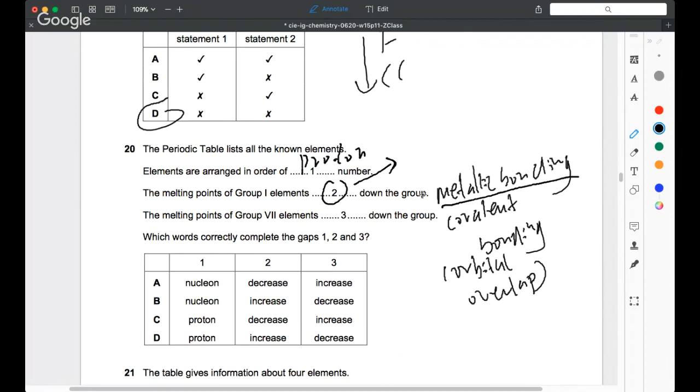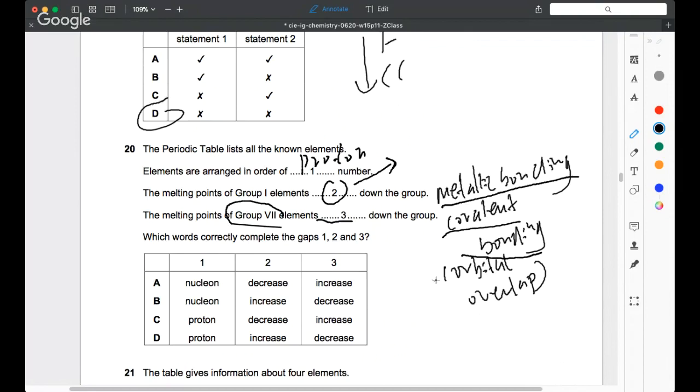They increase down the group. So the metallic bonding gets weaker, so the melting points decrease. But oppositely, for halogen elements, the melting point would increase down the group because group 7 are governed by covalent bonding.